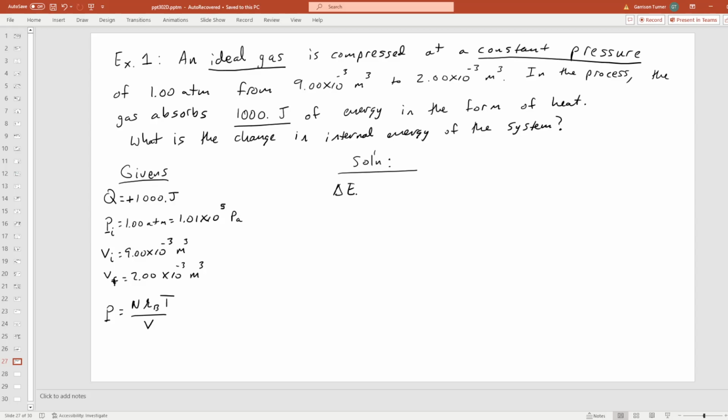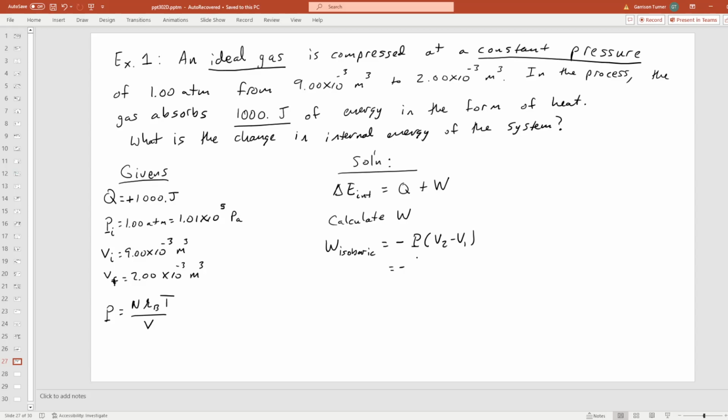So what this means is we start with the first law of thermodynamics, and we already know our Q, that's going to be 1,000 joules, so we have to calculate work. And since this is isobaric, this is going to be negative P times V2 minus V1.